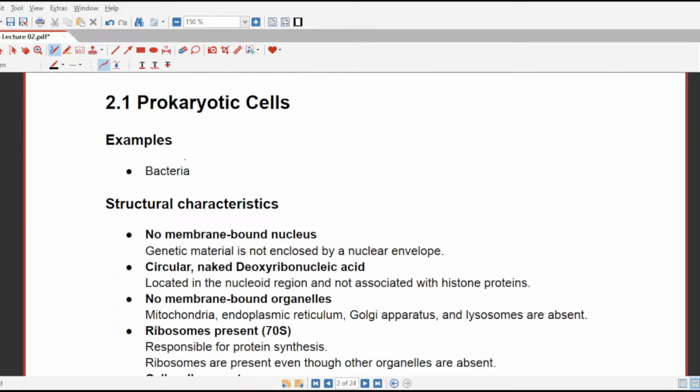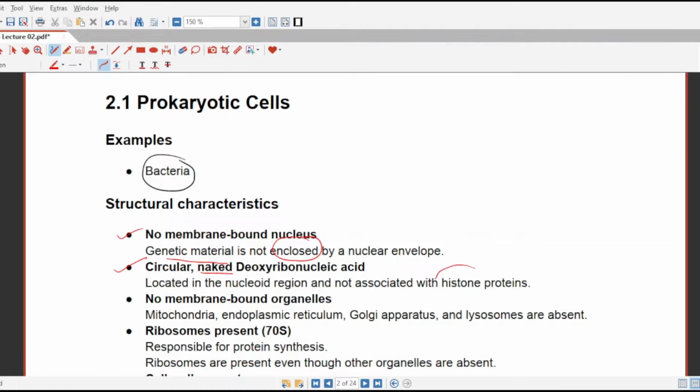First, the example will be bacteria, and the prokaryotic cell will not have a membrane-bound nucleus. We have seen in the diagram that the genetic material or DNA is not enclosed by a nuclear envelope. It is circular, that we have also covered, and naked, deoxyribonucleic acid.